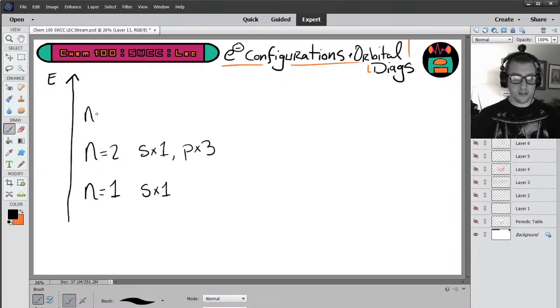On the third shell, there is 1 s orbital, 3 p orbitals, 5 d orbitals, and that's it.